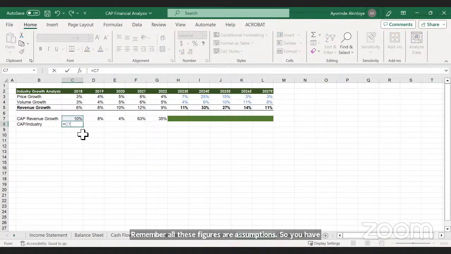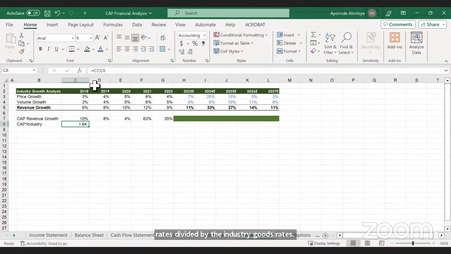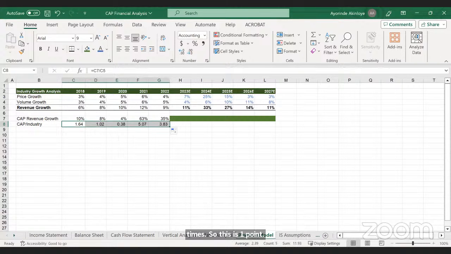So you do CAP growth rate divided by the industry growth rate. I don't want this in percentage, I want this in times. So CAP is growing at an average of, if you calculate the average, 2.3 times the industry.